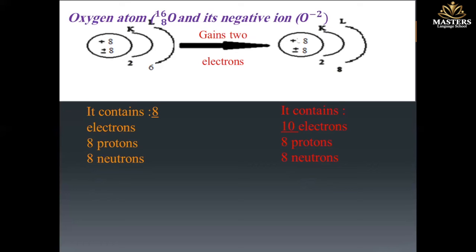From the first look, you can know that the number of electrons is more than the number of protons by 2, and that's why the oxygen negative ion is O negative 2.